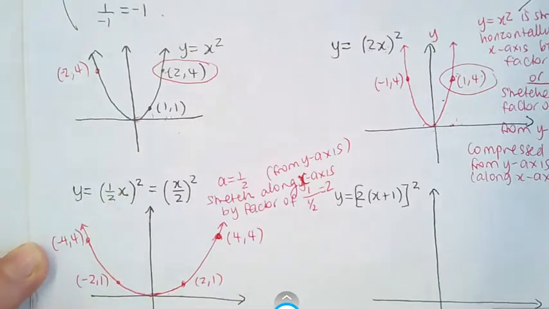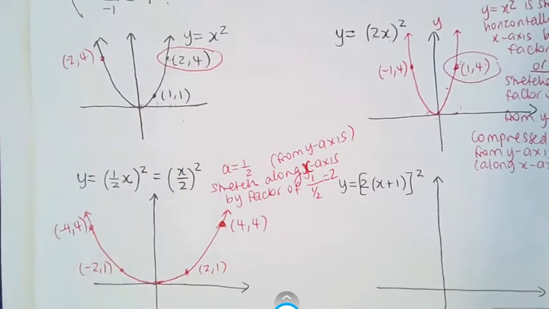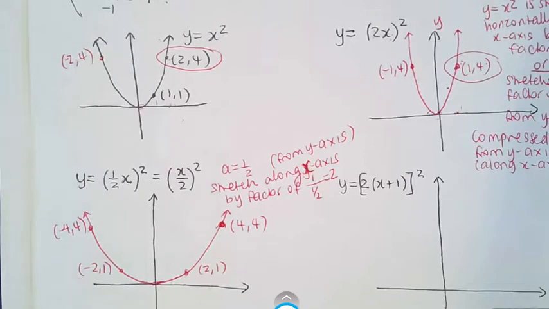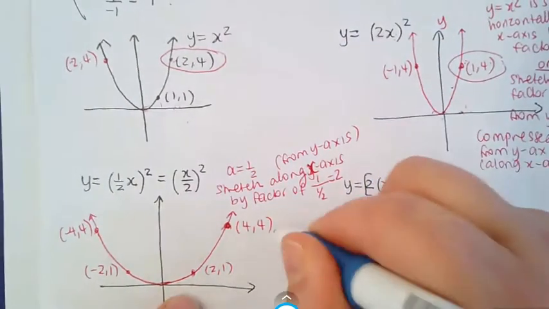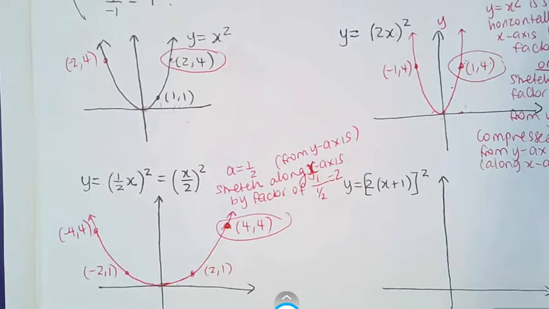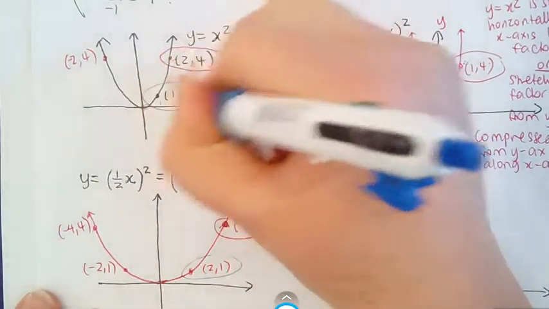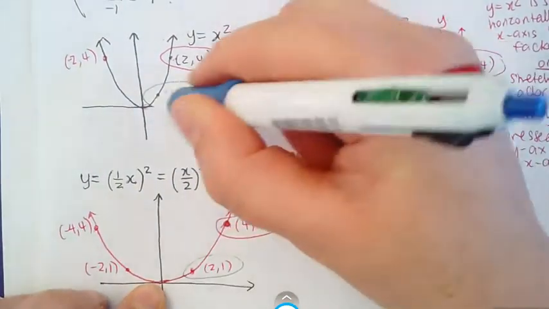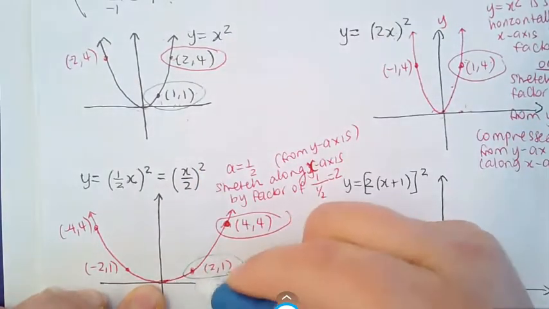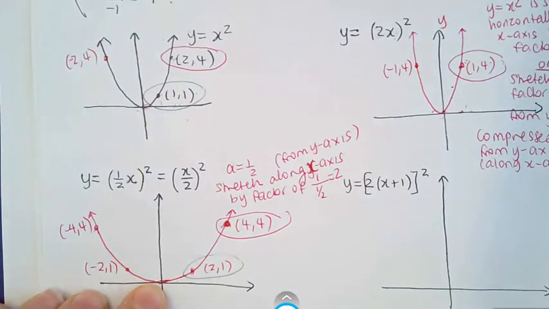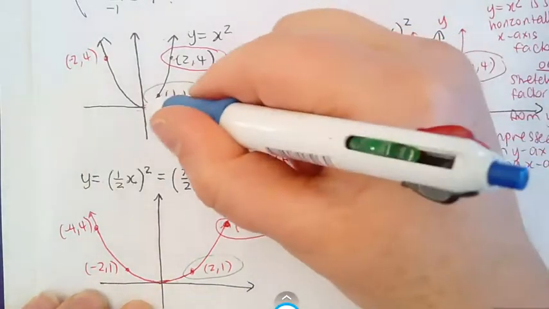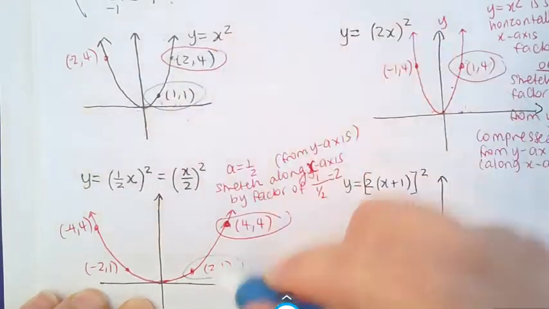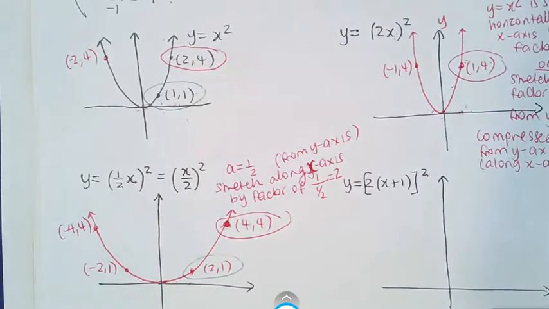Okay, this is the new graph. Why am I saying that it's stretched along the x-axis by a factor of 2? Where can you see it in the numbers? I've circled the greens and I've circled the reds. This was 1, 1. This is now 2, 1. See it? That's your factor of 2. The red one up here was 2, 4, and now it's 4, 4. The x value is 2 times bigger.